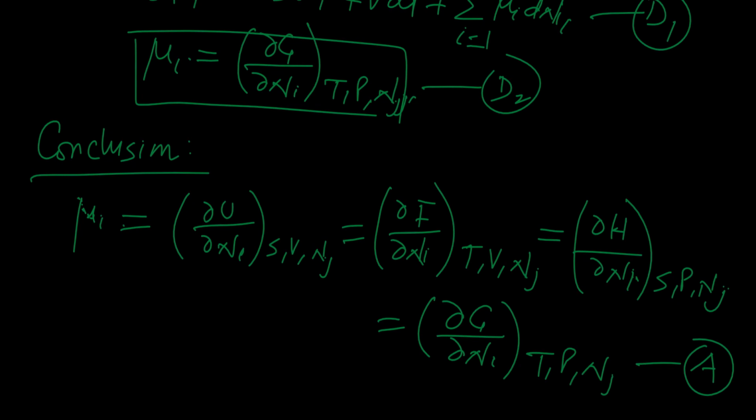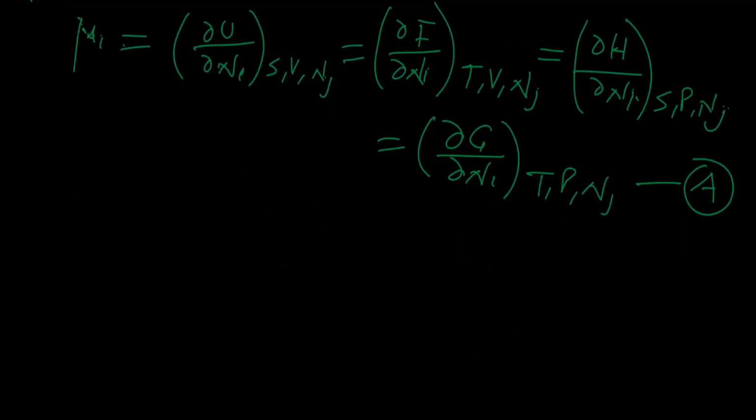But one thing which is very important, or you may say of very practical importance, among these definitions, the definition of chemical potential, particularly in terms of the Gibbs potential, is the most important.